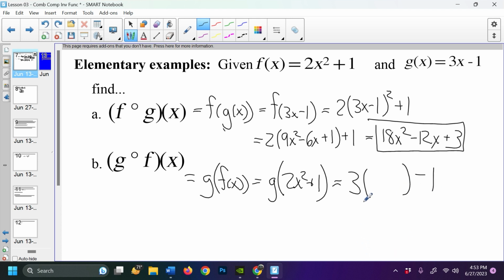In this case, that something is 2x squared plus 1. And so in this case, I don't have to square anything, so I just distribute. 3 times 2 is 6x squared. 3 times 1 is 3. And then minus that 1 will give me plus 2 as my final answer for that one right there.